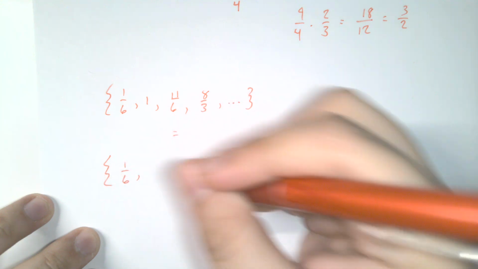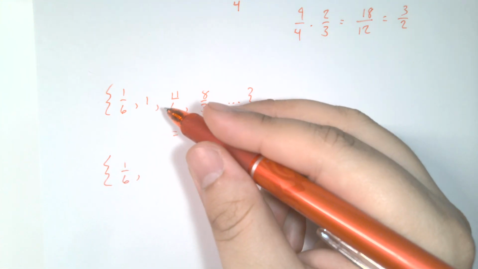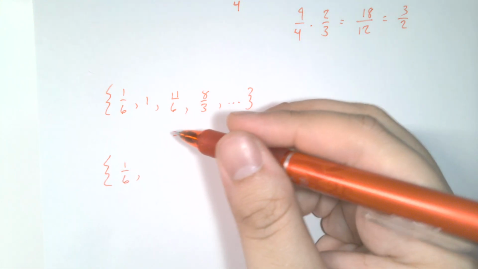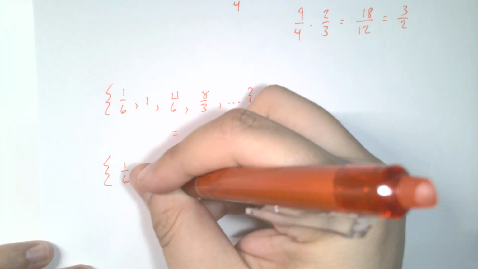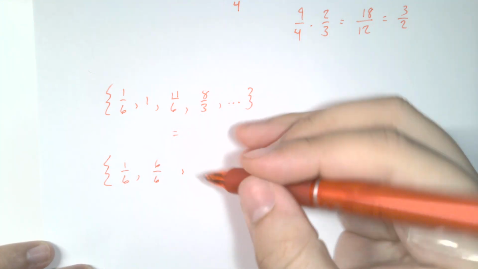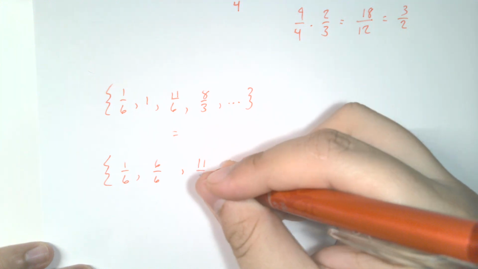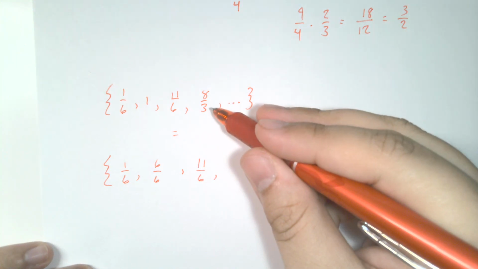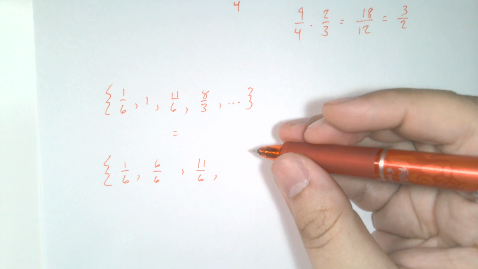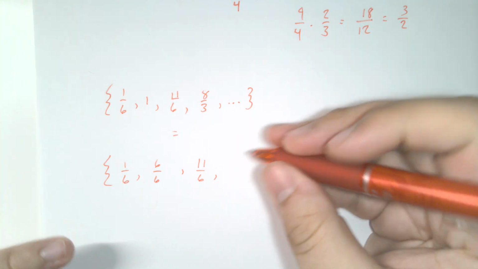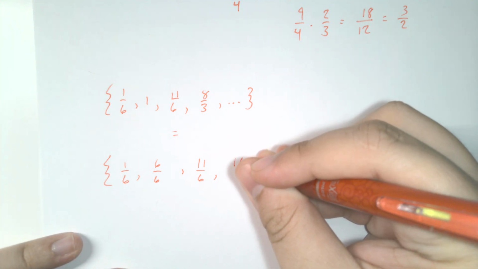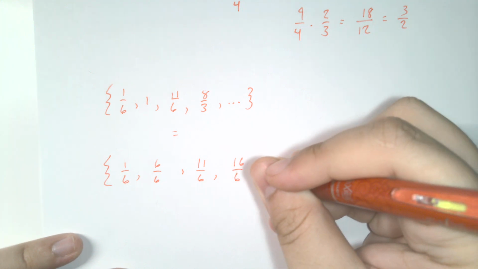So 1 over 6 is good. 1 as a number with a denominator of 6 is going to be 6 over 6. And then we have 11 over 6. That's fine. And then 8 over 3, we can change that with the denominator of 6 by multiplying both top and bottom by 2. That's going to be 16 over 6.